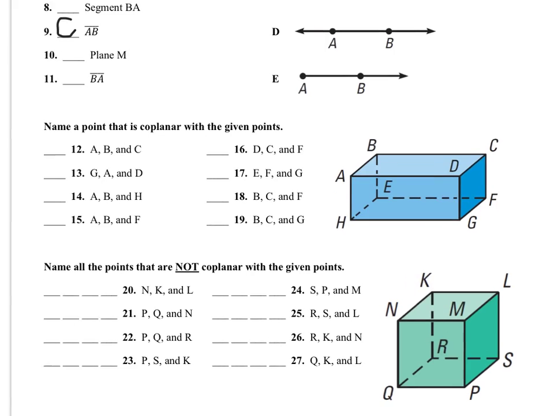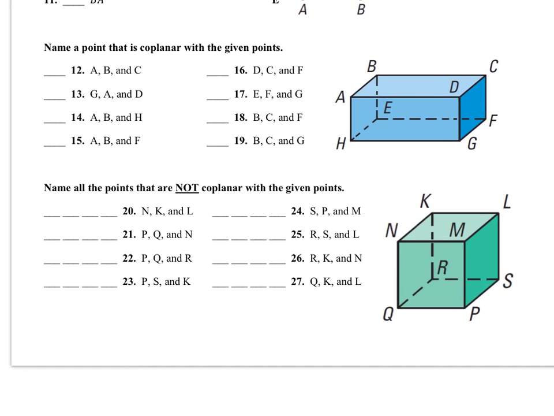Moving on to the next section, name a point that is coplanar with the given points. We'll take a look at the diagram to the right. Coplanar means that this point lies on the same plane as the given points. Let's take a look then at 14. 14 wants us to name a point that is coplanar with A, B, and H. If we draw that plane here, A, B, and H is this side plane.